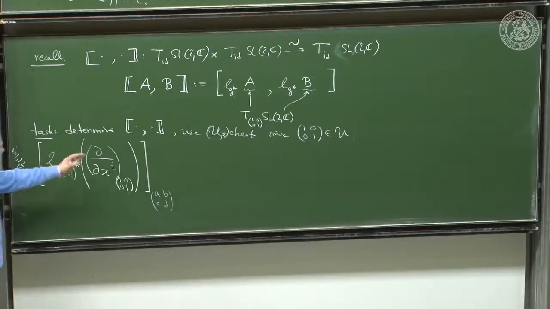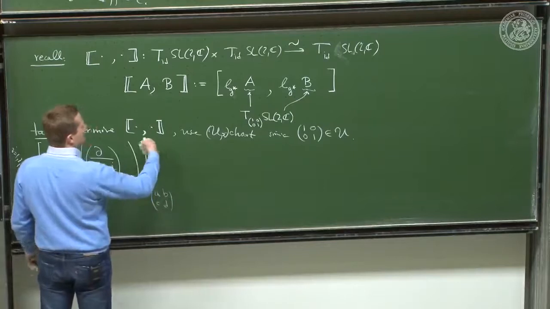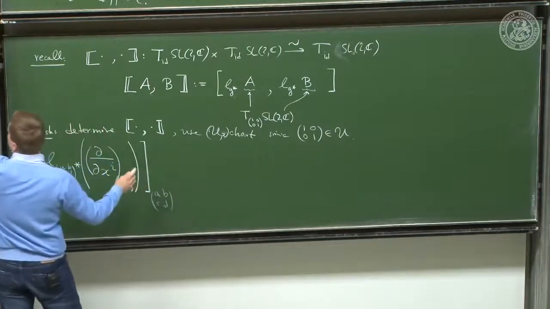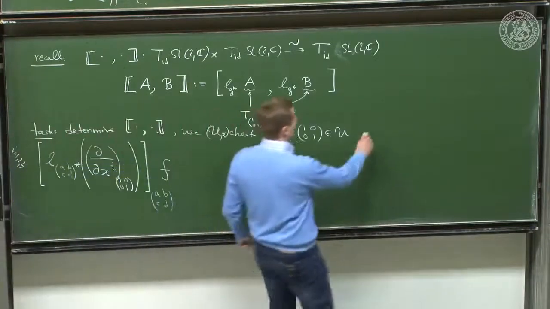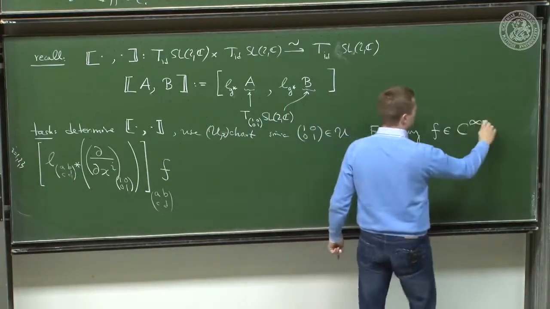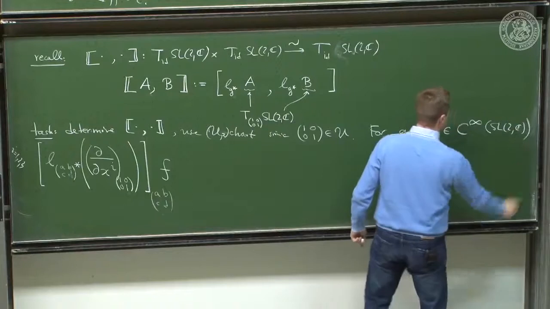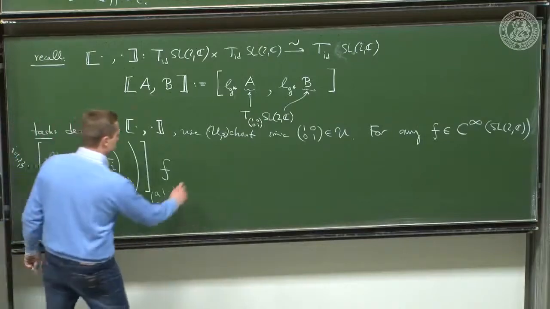Okay, so now I need to calculate this push forward. So how do you calculate the push forward? Well, you check what is its definition. This is a vector field. The map goes from SL2C to SL2C. So you have to act on a function that lies in the target. Well, that's again this thing. You act on some f. So for any f that is a, say, smooth function on SL2C, we act on this, and that way we want to find out what kind of vector field this is.